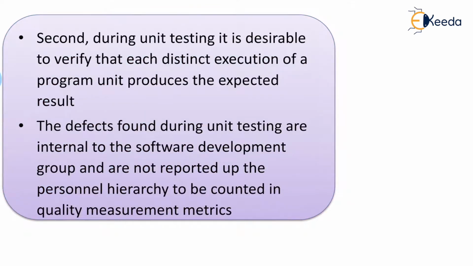Now, what happens in the second point? During unit testing, it is desirable to verify that each distinct execution of a program unit produces the expected result. As I'm talking about the four modules, I'll consider this four module example throughout the testing process, the validation activities.